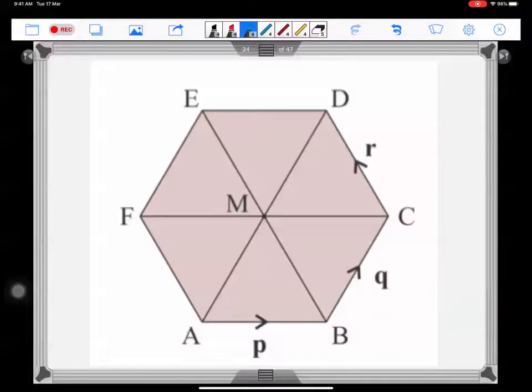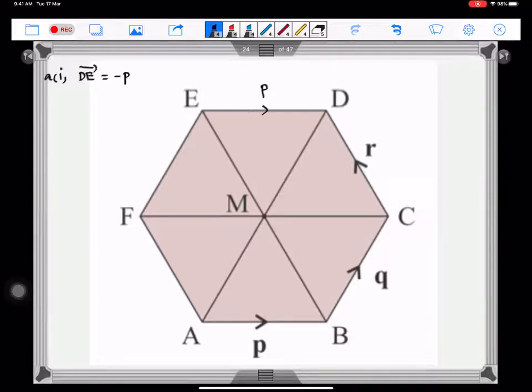Now, first of all, I'm looking for DE. For DE, that is straightforward. ED is P. So therefore, part 1, DE is minus P. Second part, it's asking for AC.